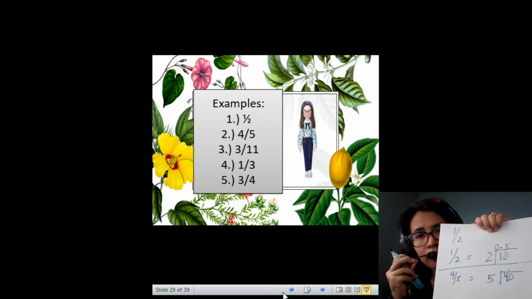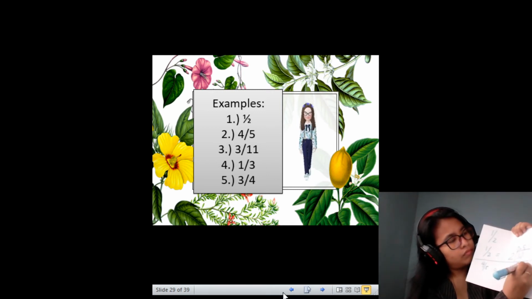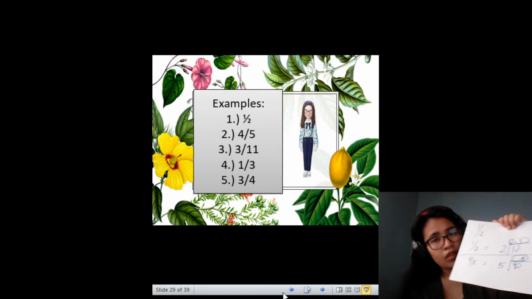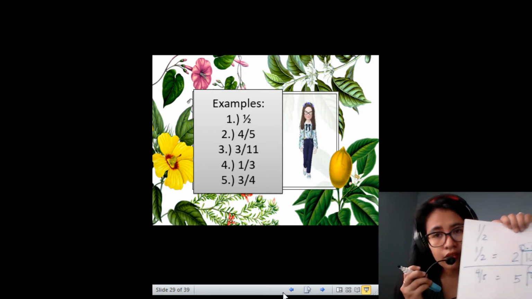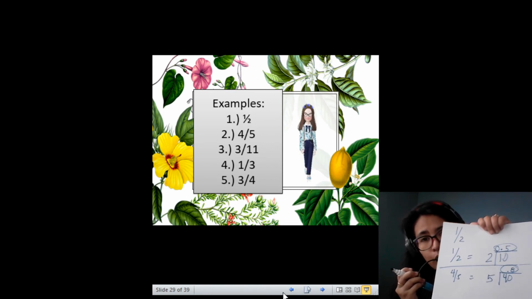So now you have 40 divided by 5. So 40 divided by 5 is 8. So your answer now will be 0.8.